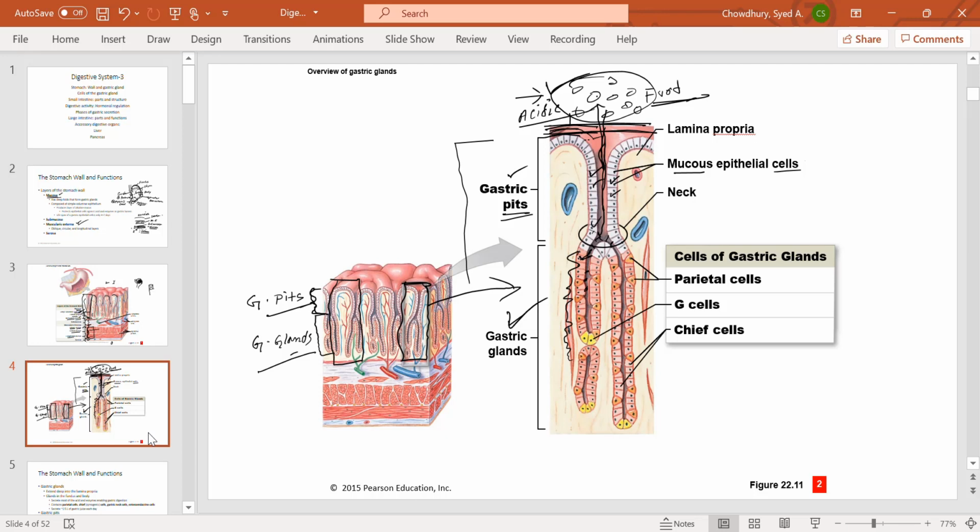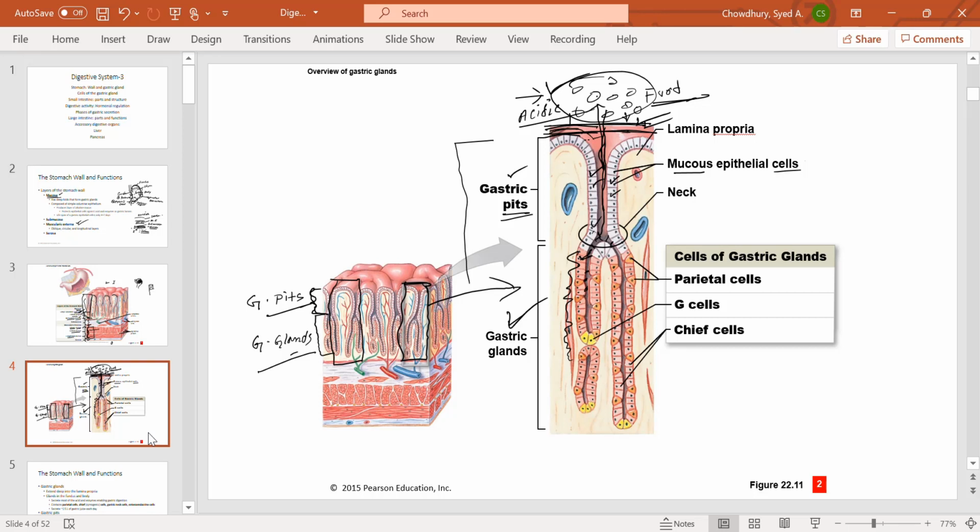Okay, now if for some reason that mucosal barrier or protecting layer is destroyed, then the acidic chyme will get contact to the wall and will cause erosion or inflammation, and even can cause ulcer, right? Gastric ulcer or peptic ulcer.